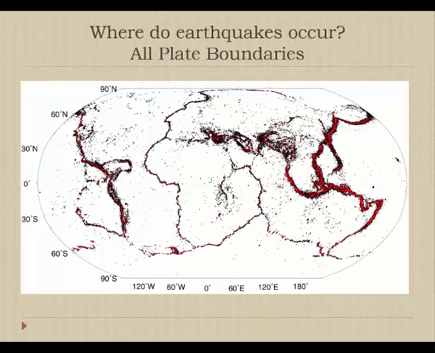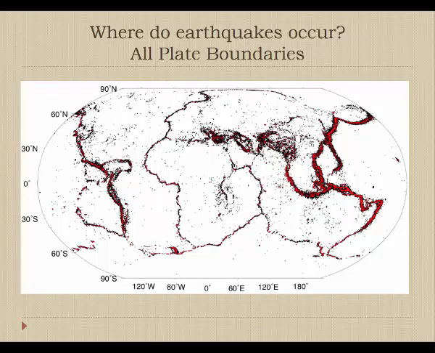So if we look at a map of where earthquakes occur around the planet, we can see this image here where the different dots represent earthquake activity. And this image almost looks like a map of the plates. You can pick out the African plate kind of in the middle of the slide, South American plate, North American plate, Eurasian plate, etc. And that's because, as I just mentioned, a lot of the earthquake activity occurs along these plate boundaries.